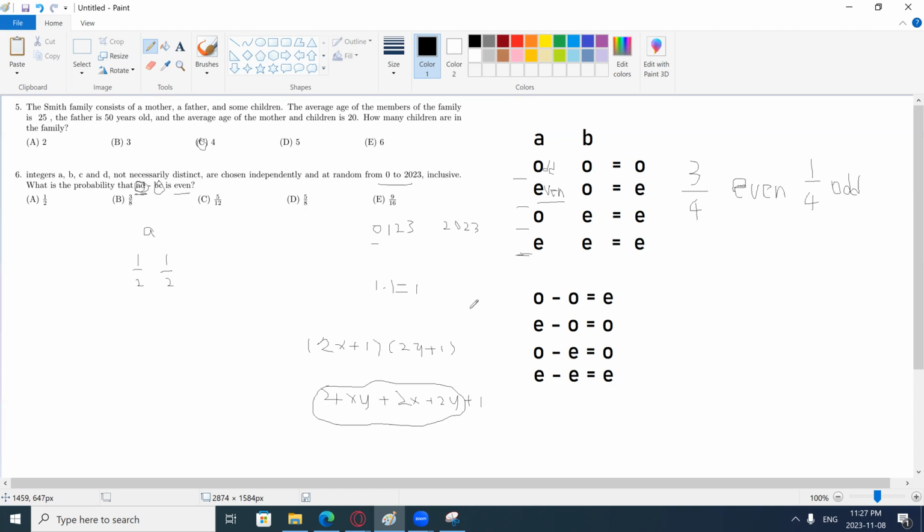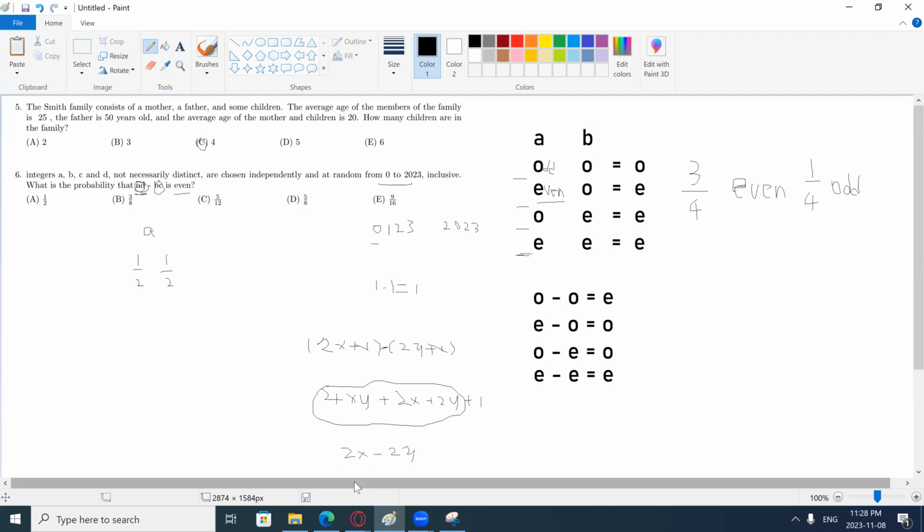And now let's look at what will happen if we subtract BC from AD. If AD is odd and BC is odd, then we will get an even number. Again, using this example, if we subtract instead of multiply, the two ones will cancel out, and you would just end up with 2x minus 2y.